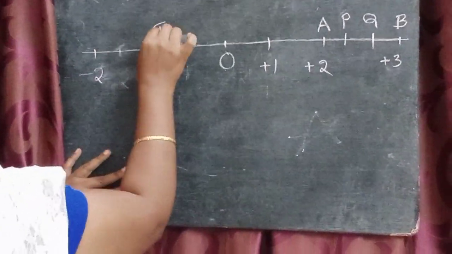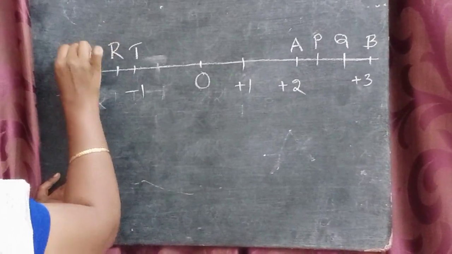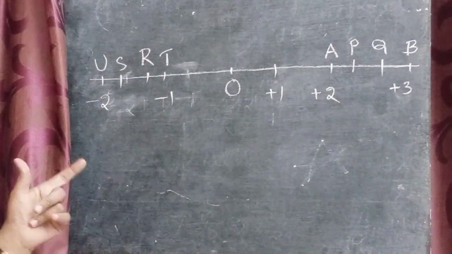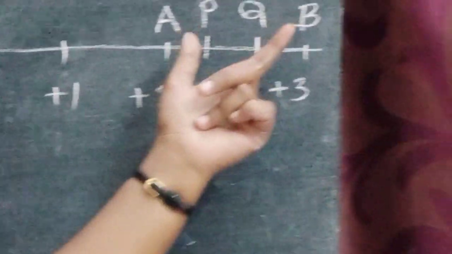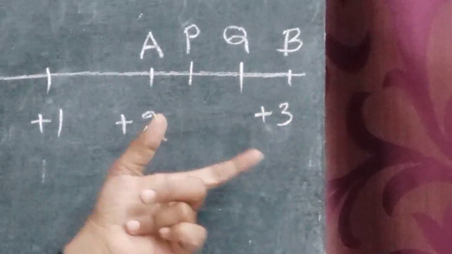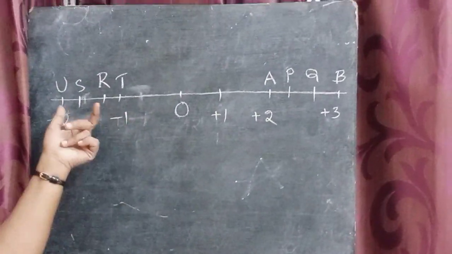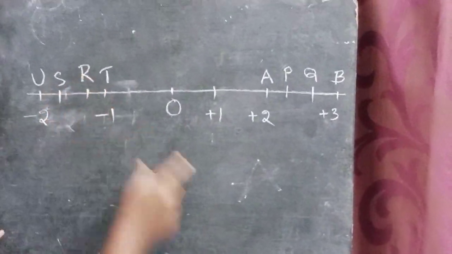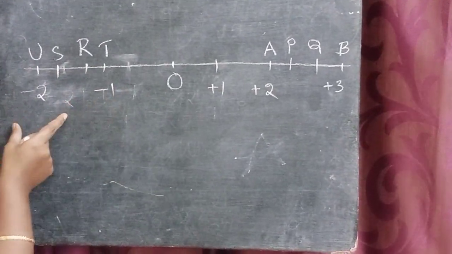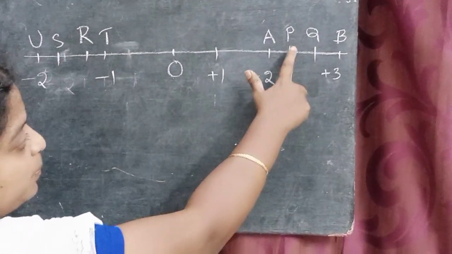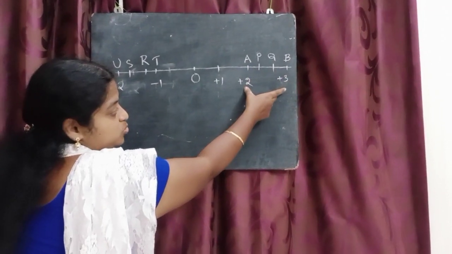This is T, R, S and U. You need to find out the values of S and R here and P and Q here. They didn't mention anything. SR lies on the number line between -1 and -2. Here PQ is lying on the number line between A and B, that is +2 and +3.